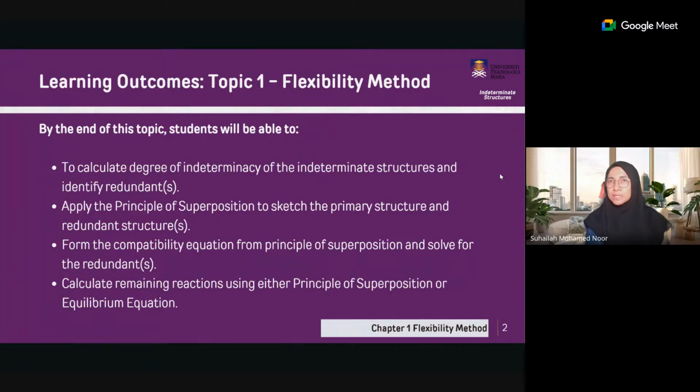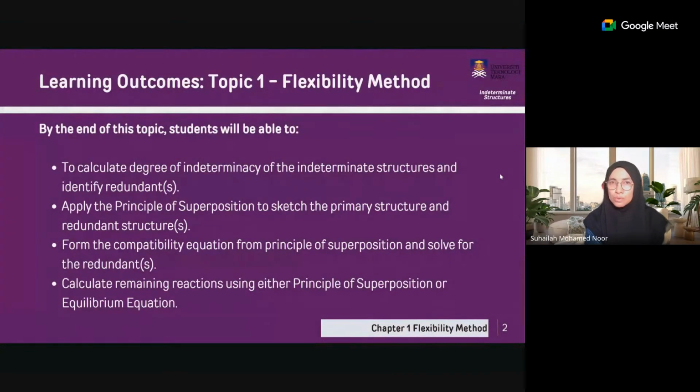And we will determine the redundant by solving the compatibility equation. The compatibility equation is the equation to complete the analysis, because when we have 4 unknown reactions, only 3 can be solved using equilibrium equations. So the other one will be the compatibility equation.